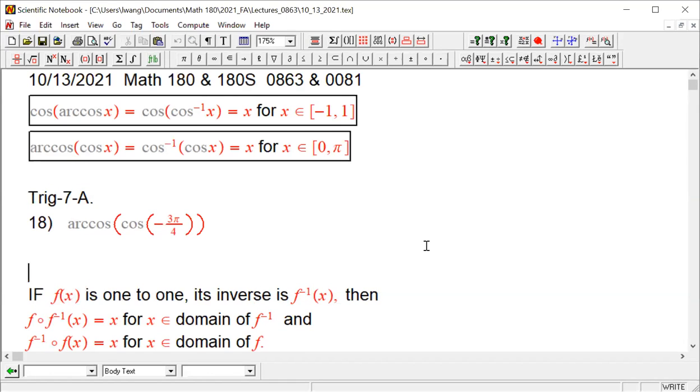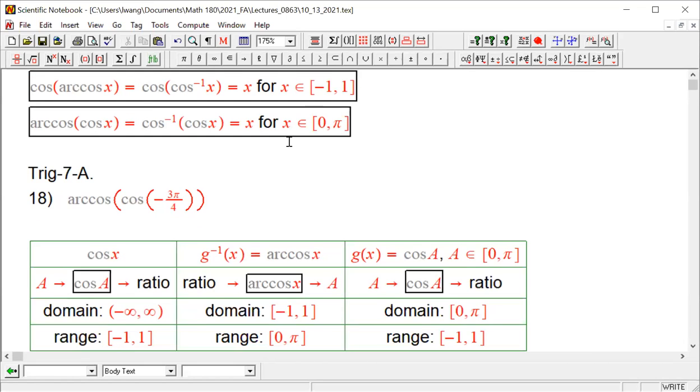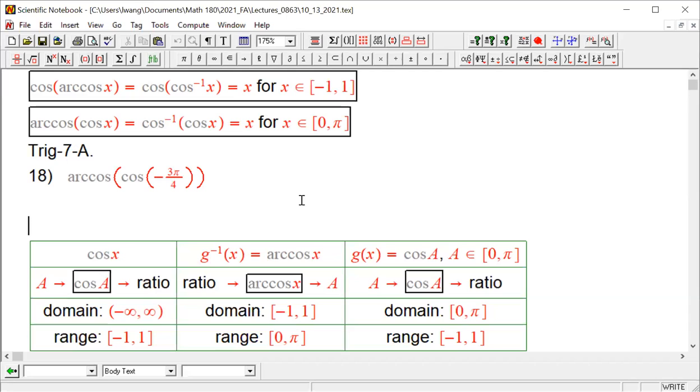What's so useful about them? So I'm bringing these tables right here. What's so useful about you knowing the domain and range of all these functions?